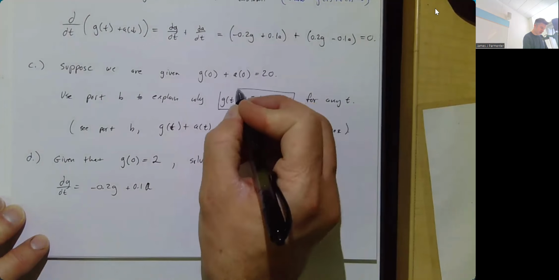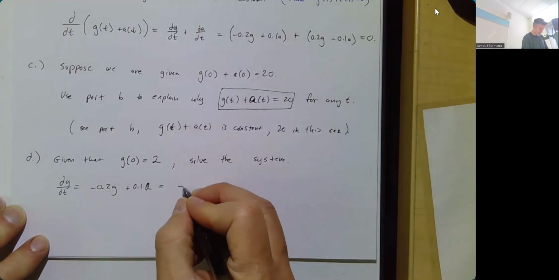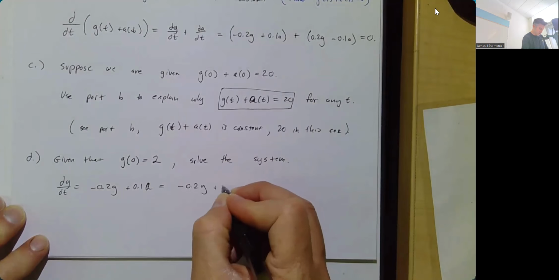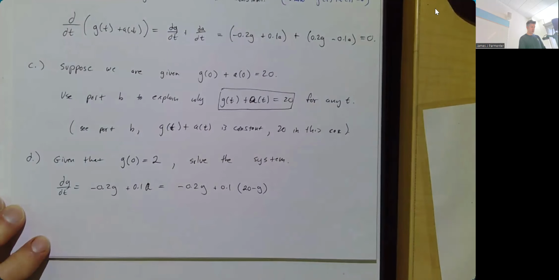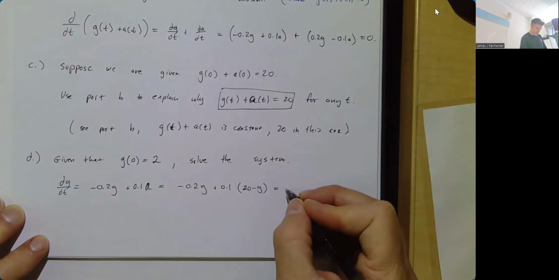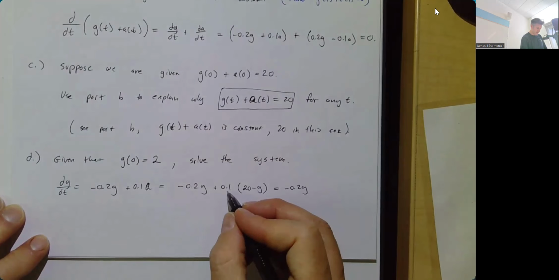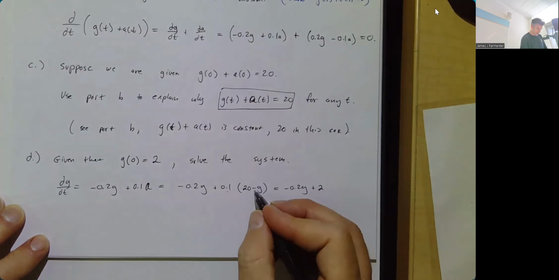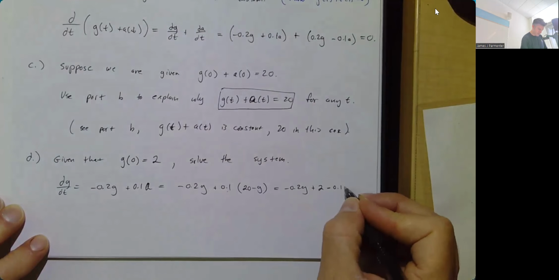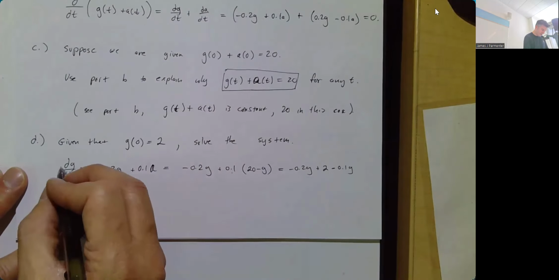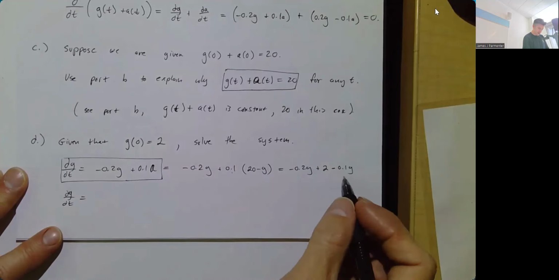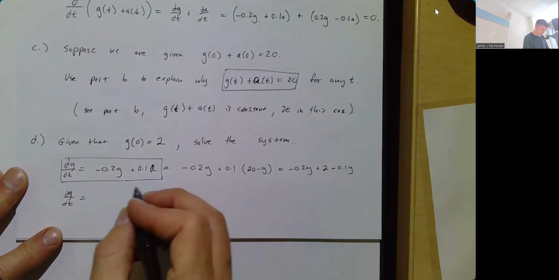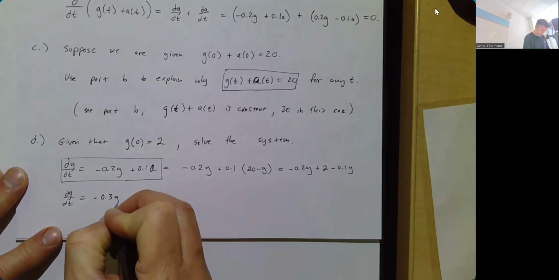So this is equal to negative 0.2 g plus 0.1 times (20 minus g), which is negative 0.2 g plus 2 minus 0.1 g. So we can rewrite this equation as dg/dt equals negative 0.3 times g plus 2.